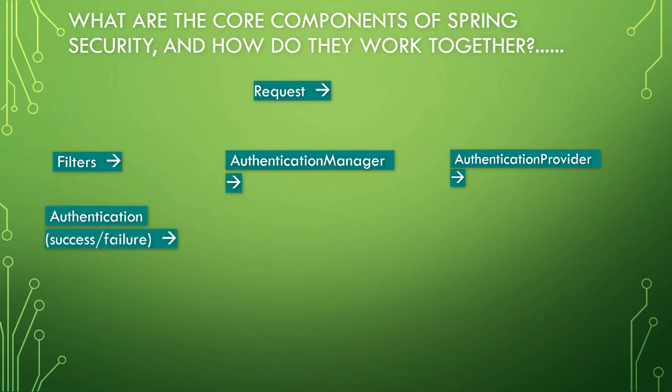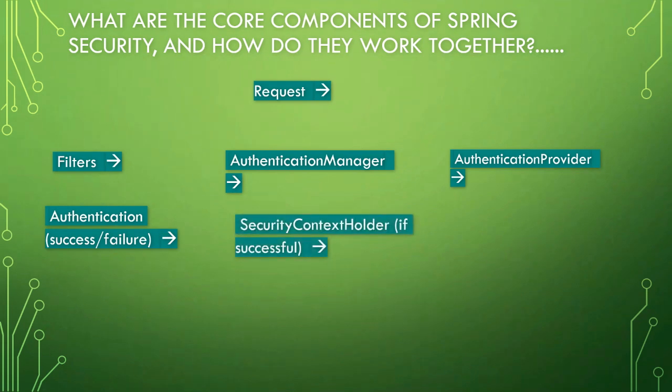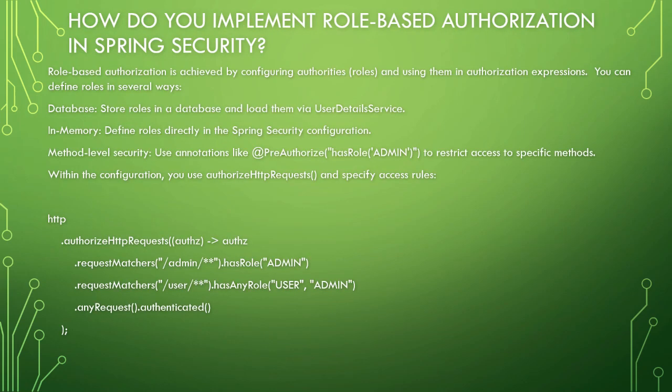Based on that provider, the authentication is either successful or a failure. If it is successful, then in the next step, if you have implemented a security context holder, it comes into play. After that comes authorization, and finally, after the authorization is complete, you are able to access that request. You will get the response.